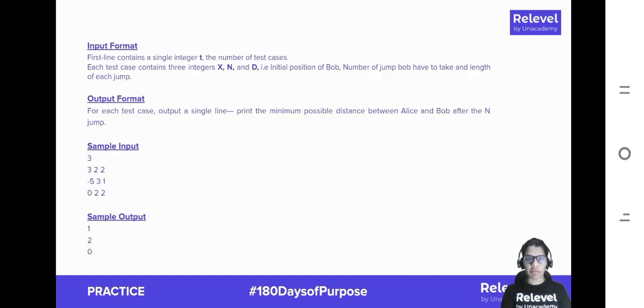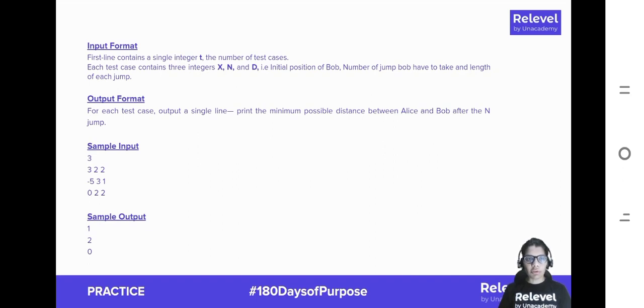Now let's move forward and see the input format for this problem. The first line would be a single integer, t, which is the number of test cases. And after that, each test case would contain 3 integers, x, n, and d. x is the initial position of Bob, n is the number of jumps Bob has to take, and d is the length of each jump, right?